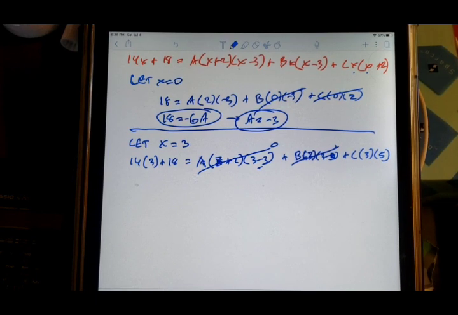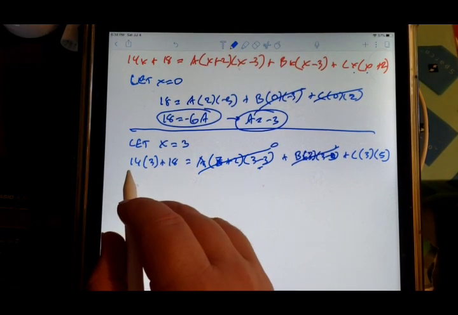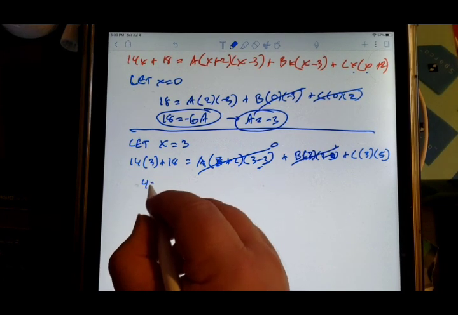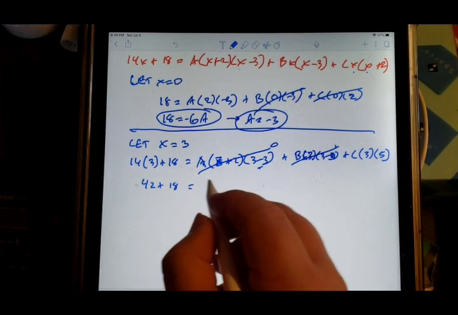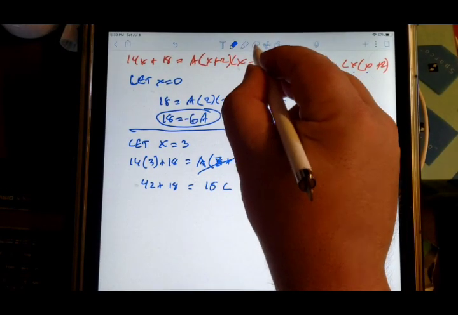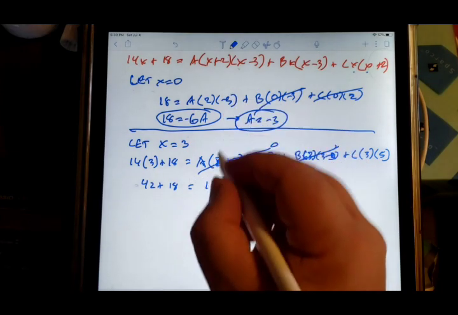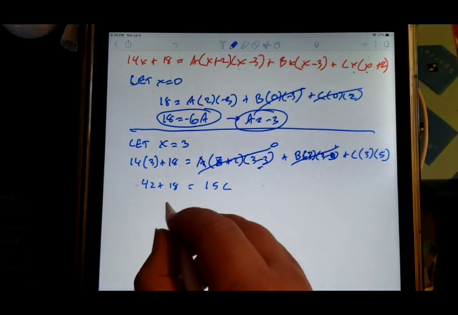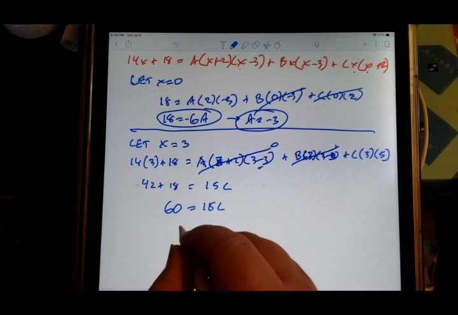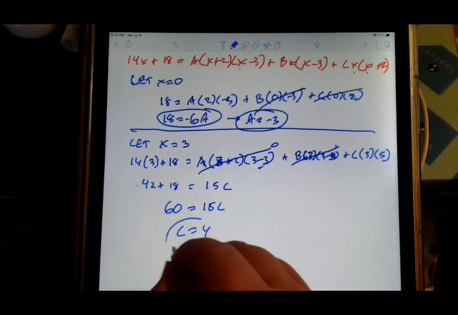So what do I have? 42 plus 18 equals 15c. 60 equals 15c. Divided by 15, I get c equals 4.